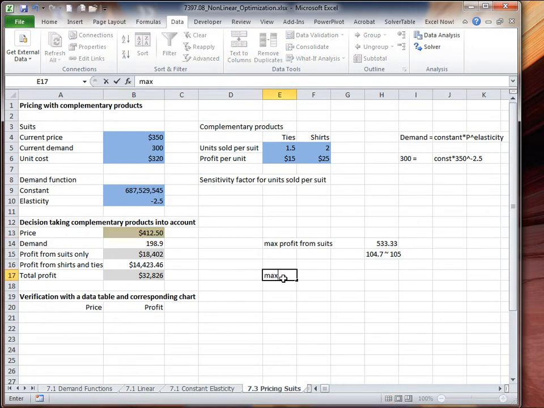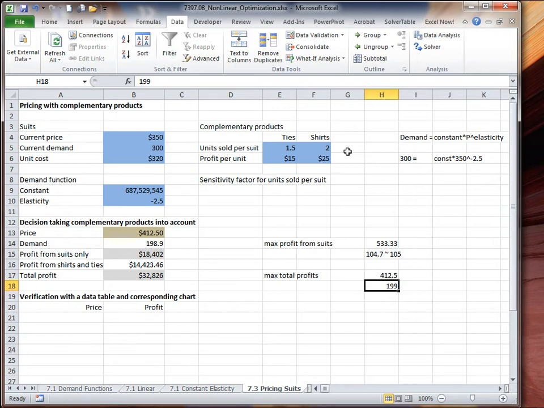So when we maximize total profits, what we find is we sell the suits for a lot less, right? But we sell almost 199 of them. And the additional 94 suits that we sell result in a bunch more ties and shirts at a much higher profit.